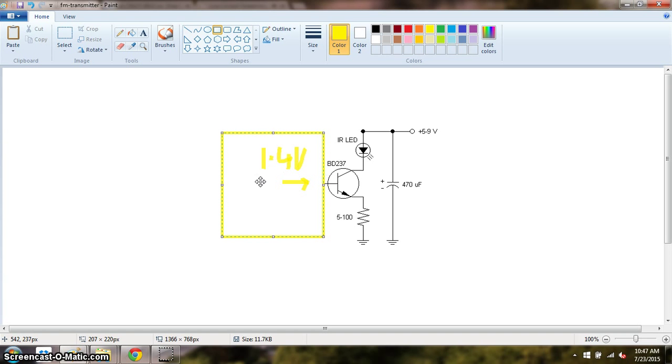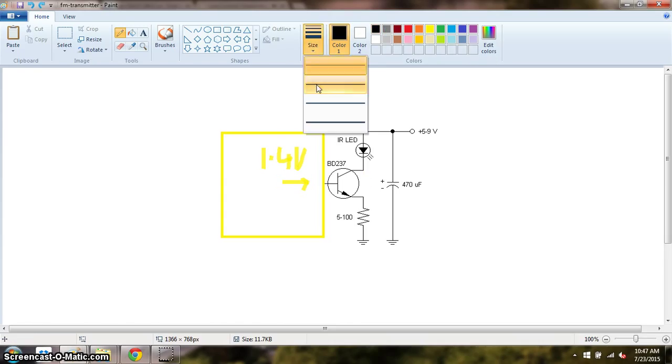What this circuit does is give me 1.4 voltage here, and we know that a transistor is simply meant to close or open a circuit. So when I provide voltage to this transistor, it is turned on, and what happens is that I have a circuit.